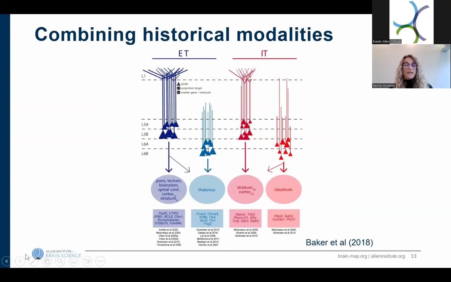Here we have ET cells, which are extratelencephalic cells, which include the PT type that I discussed earlier, and our IT cells are intratelencephalic. We know that these cells have different long-range projections, but now we also know that they have different genetic markers as well, which is useful for developing mouse lines for isolating different types of excitatory cells.